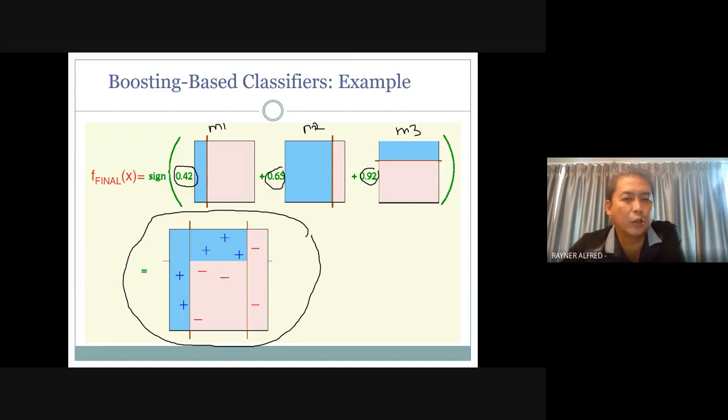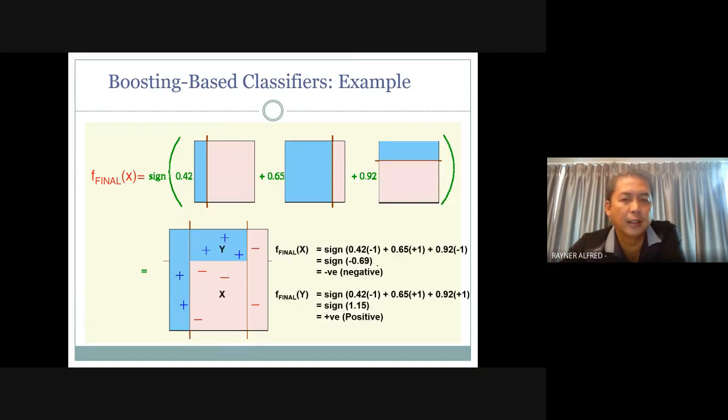Okay. So how do we apply that one? Okay, let's suppose we want to predict X and Y. So for the X first, if you perform the X here, X here, X. So we are in the negative zone.